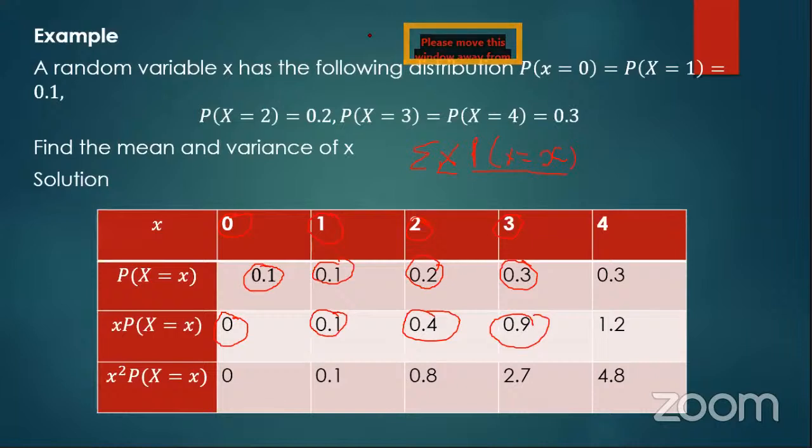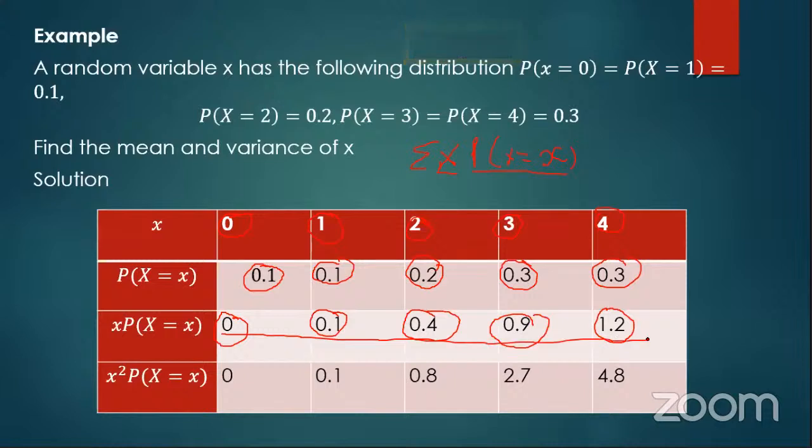Lastly, 4 times 0.3 gives us 1.2. So our expectation, or mean, would be when we add up all these values.